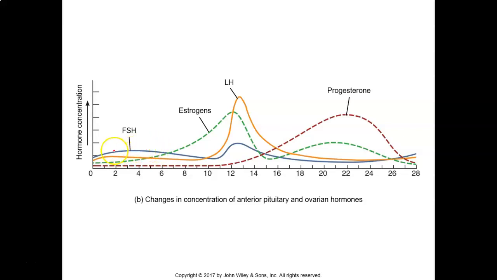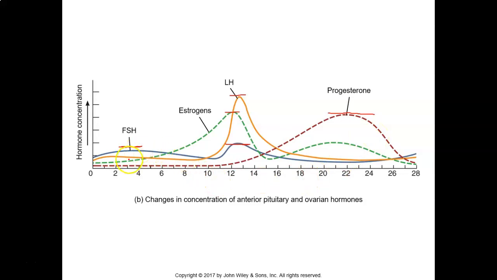Even when it's stimulating follicles, it never really elevates to any appreciable extent. Way different than estrogen, way different than luteinizing hormone, way different than progesterone. They all substantially increase. FSH never really does. It just has these little knolls.